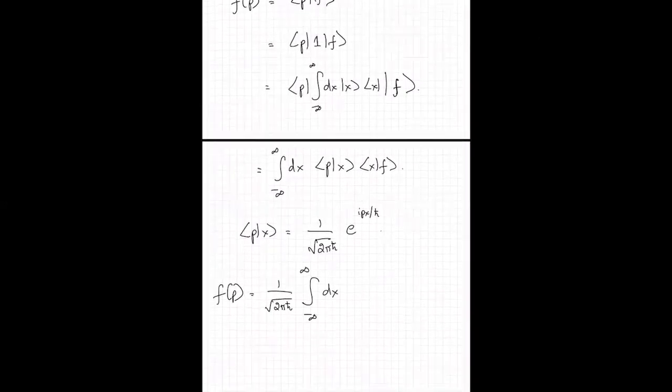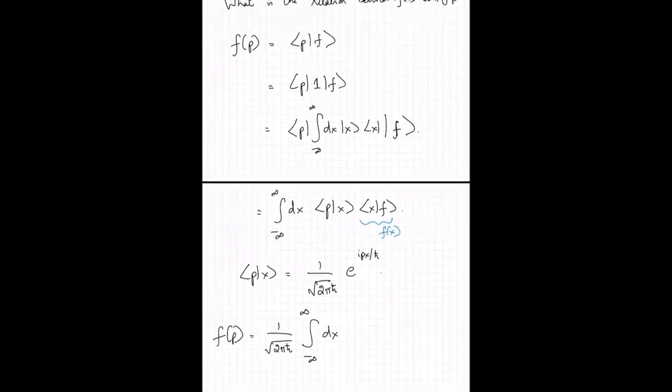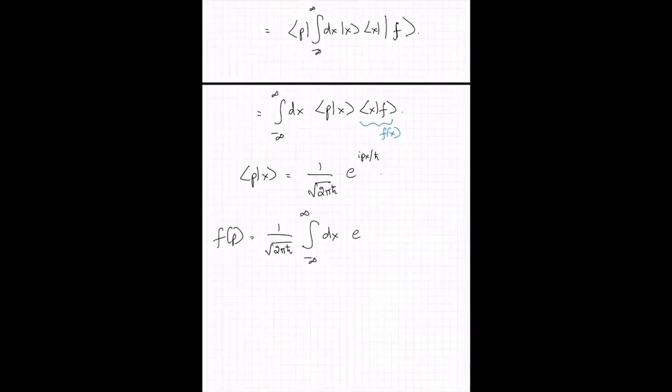Now notice that the overlap <x|f> are basically the components of the vector f in the x basis. So this is basically f(x). So I can write this as e to the ipx over h bar f(x). So the components of the vector in the p basis, f(p), equals the integral dx e to the ipx over h bar times the components of the same vector in the x basis. And this is an important relation, and I'm sure you've all seen this relation before. It's called a Fourier transform.